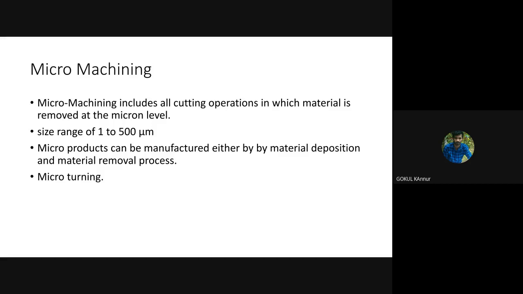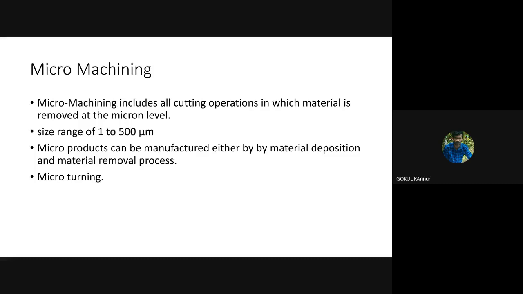And precision means, if we want to produce 50, maybe you are able to machine it to 49. But for all the products, the first time, second time, third time, fourth time, any time, you are getting the same value, then we can say your production is precise.